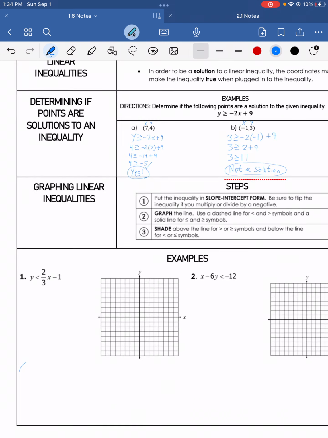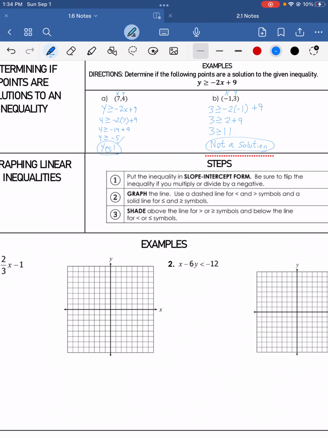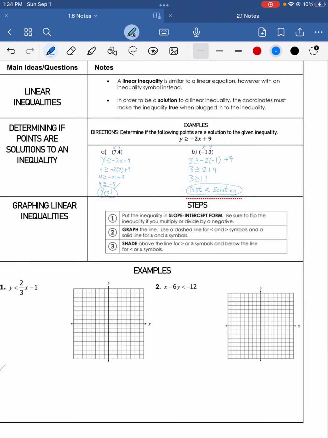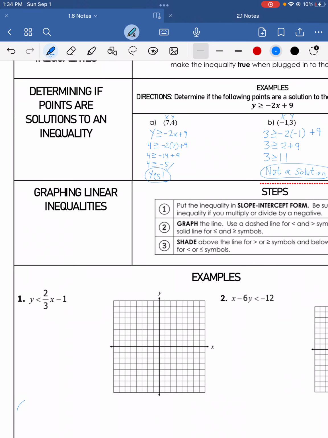Now, most of the homework will be asking you to graph these inequalities. So how we're going to graph them is first we're going to put it in slope-intercept form. So remember slope-intercept form. Let's write it down if you forgot. That's step 1. That's y equals mx plus b. But since it's an inequality, it's not going to be equal to.